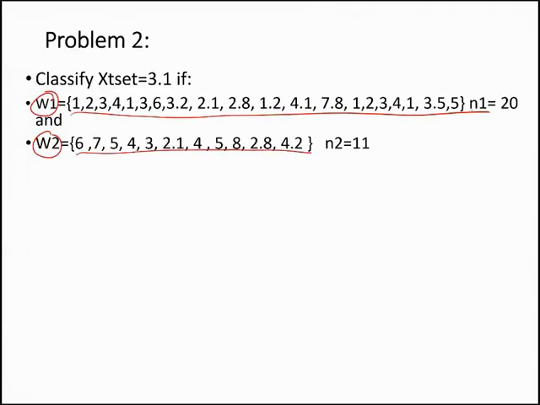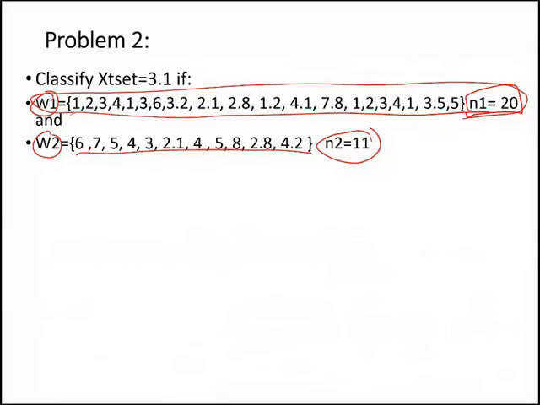And here the count for omega 1 samples is 20 and the count for omega 2 samples is 11. Okay. So this is the same as the previous problem. Only thing is that I am giving you the list of omega 2. And what is the task? Task is to classify X test 3.1 using the parzen window method.